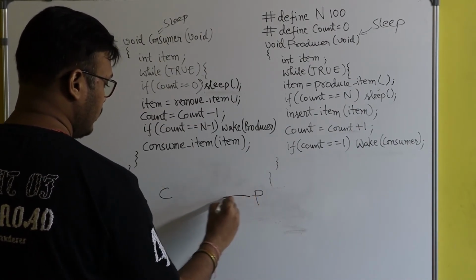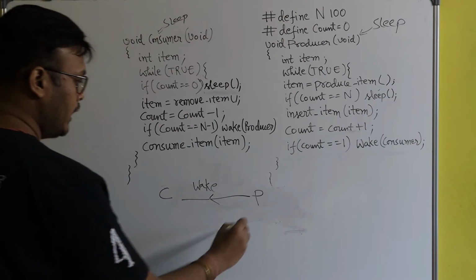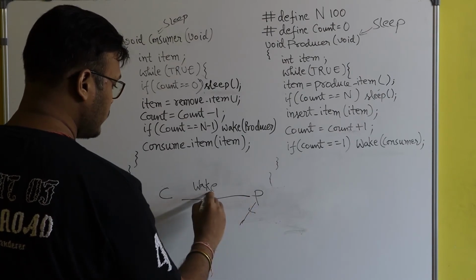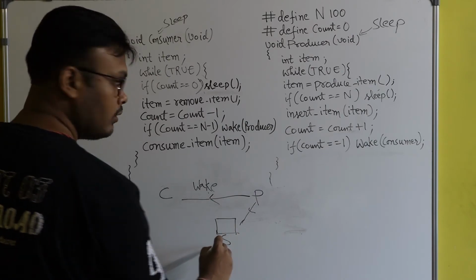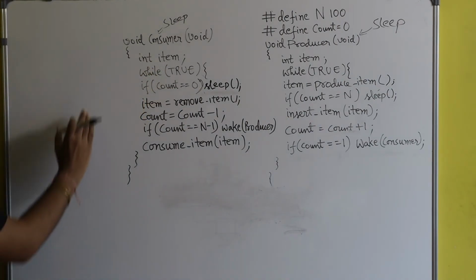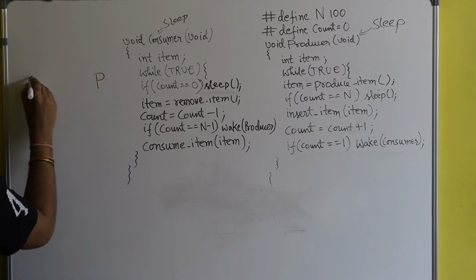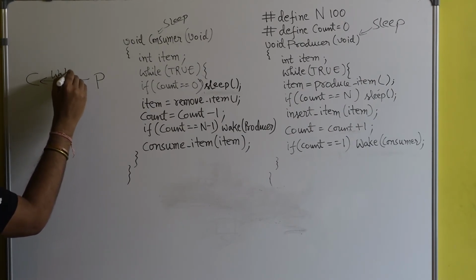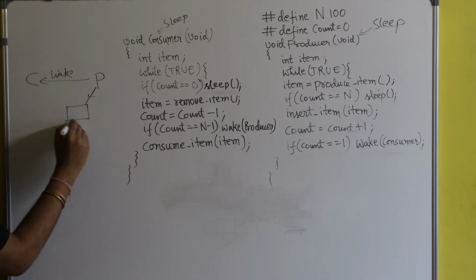Rather than invoking the wake system call directly to the consumer, the producer will send this wake system call to a variable, that is, the semaphore variable.